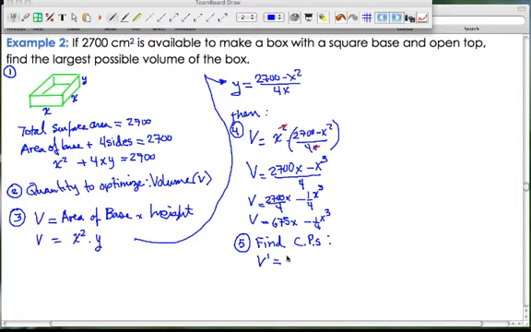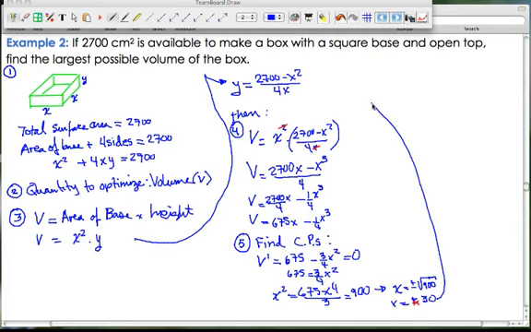The derivative would be 675 minus 3/4 X squared, and we set our derivative equal to 0. 675 equals 3/4 of X squared, so X squared equals 675 times 4 divided by 3. This is 900. Then X equals plus or minus the root of 900, and X equals 30. That means at that value we will have our maximum volume.